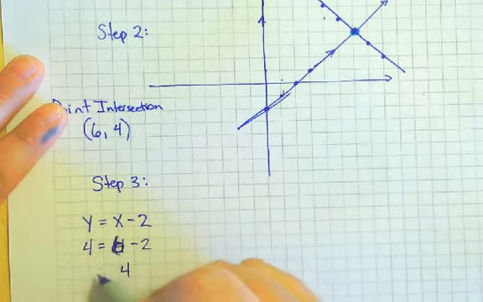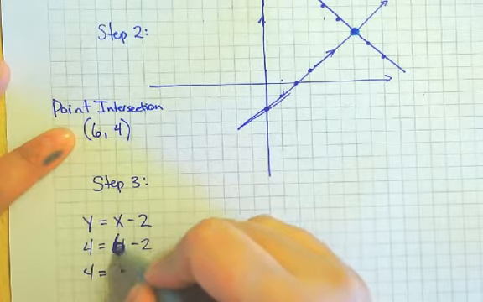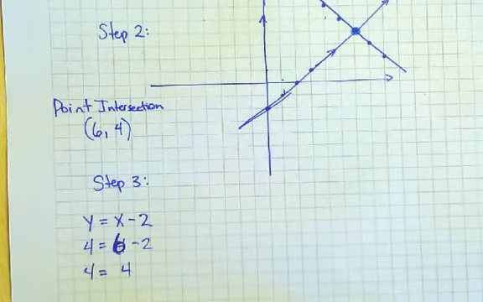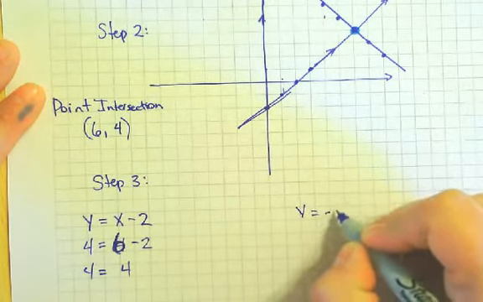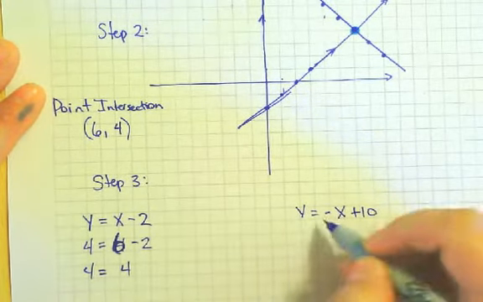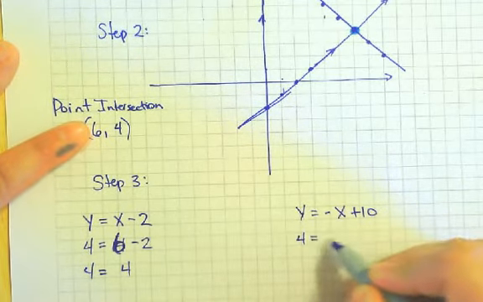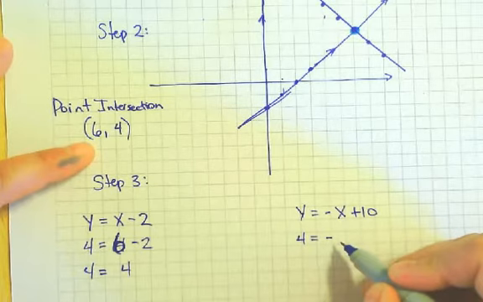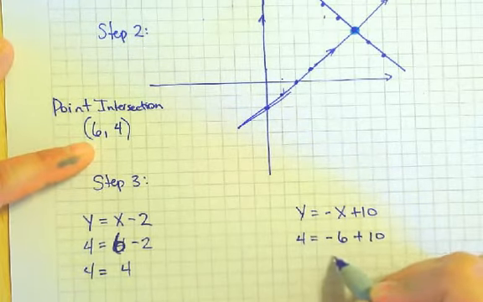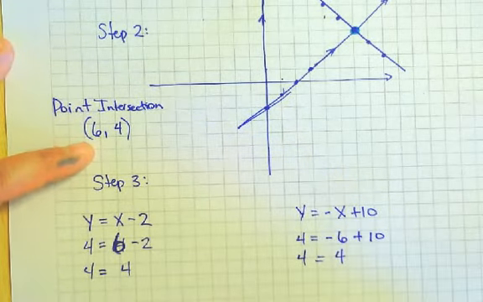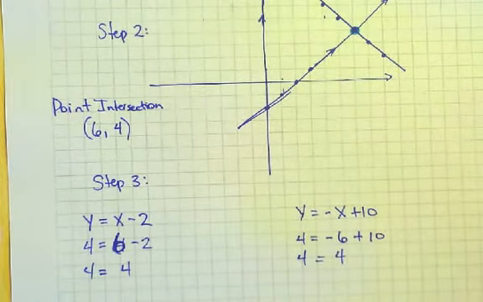So then that would be 4 equals 4. There's that. Okay. The next one was y equals negative x plus 10. y was 4, negative, and x was 6, plus 10, and that would be 4 and 4. So for number 1, this is your answer.